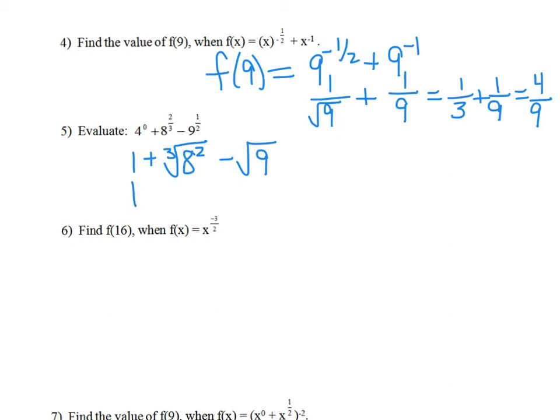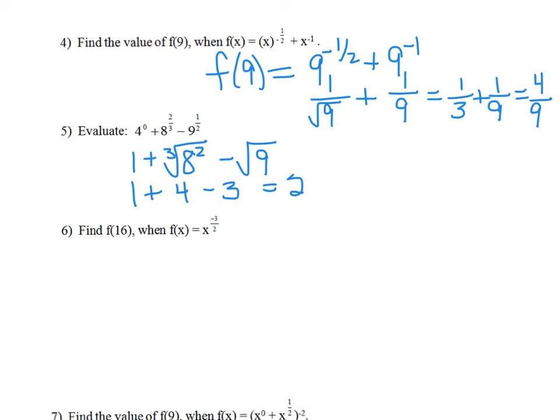So adding together my terms here, 1 plus the cube root of 8 is 2, 2 squared is 4, minus the square root of 9 is 3, so 1 plus 4 minus 3 gives me my final answer of 2.